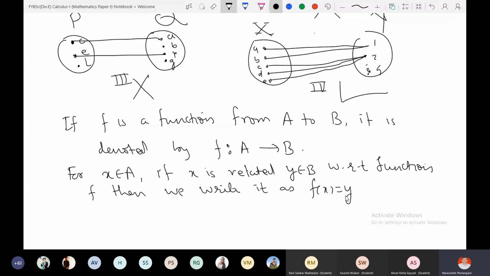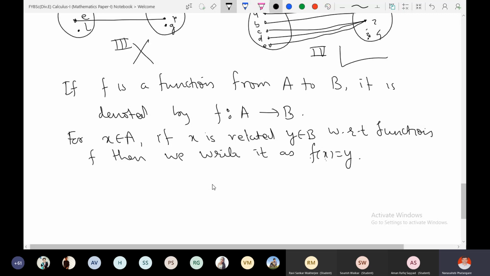What does it mean? Y is related to x with respect to function f. Correct? So this is how we make the notations.